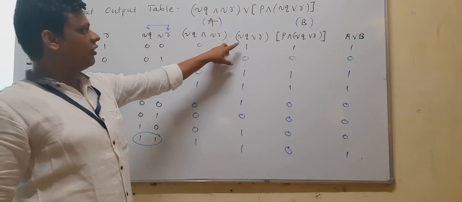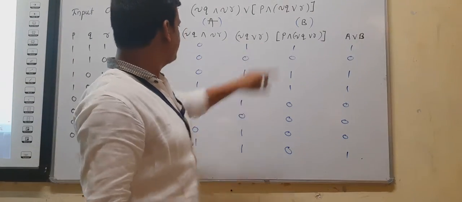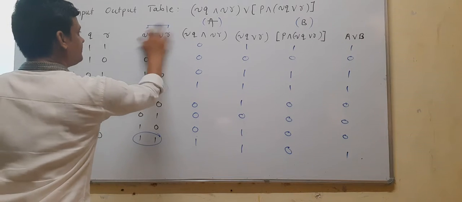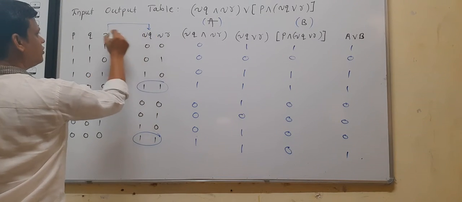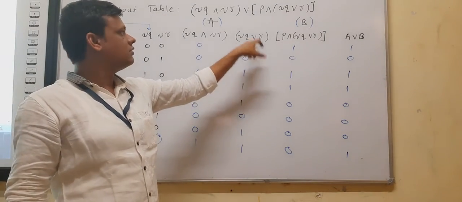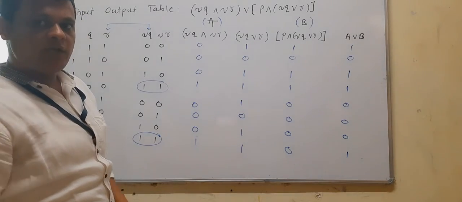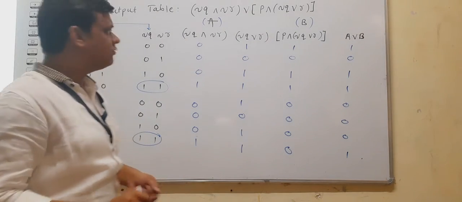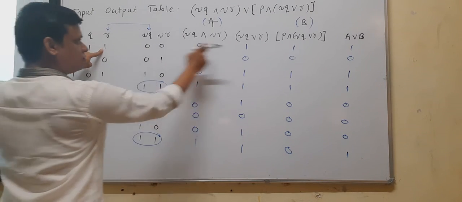Now see the second column, negation Q or R. Negation Q or R means we have to take the relation between R and negation Q. Here is disjunction. For disjunction, if both the entries are 0, then only its result is 0, otherwise 1. Here both the entries are not 0, so 1.